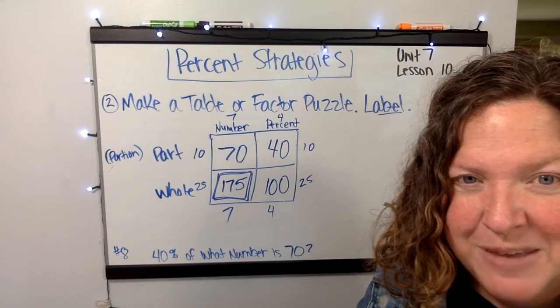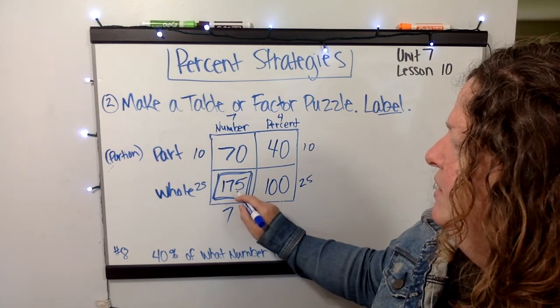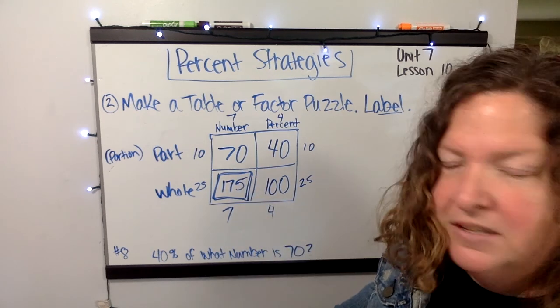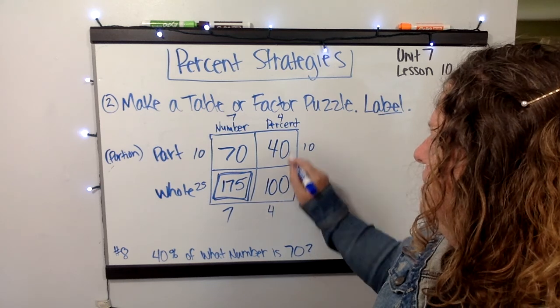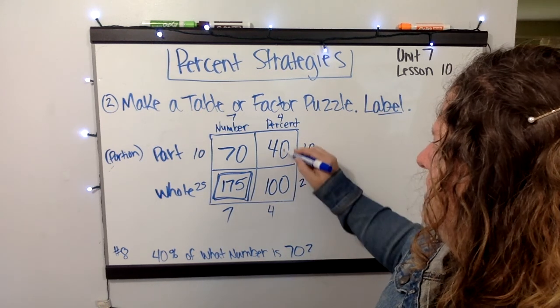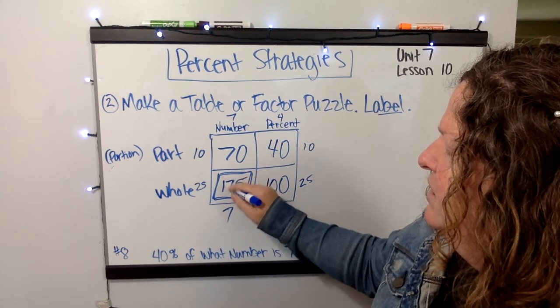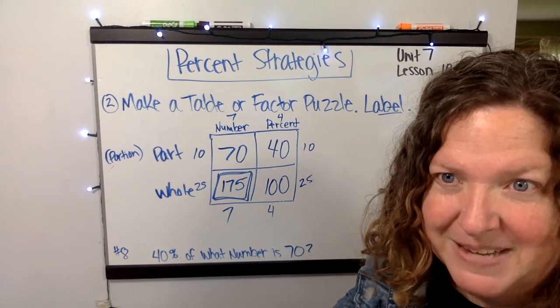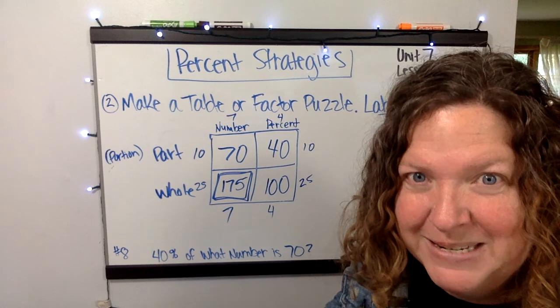Now let's see if that makes sense. The whole is 175. The part is 70. The whole is 100. The part is 40. Since 100 is bigger than 40, the whole number that we found has to be bigger than the part. Is that true? It is true.